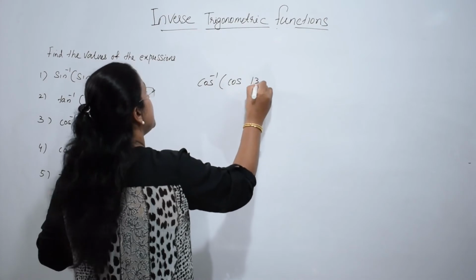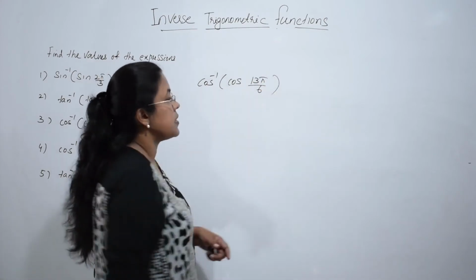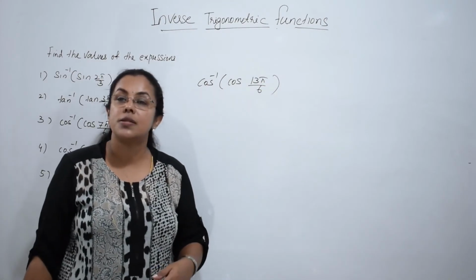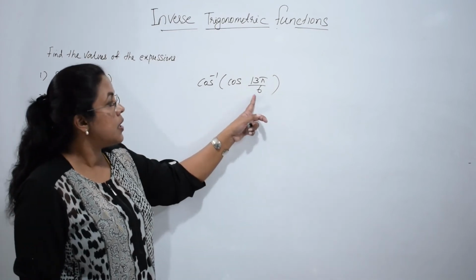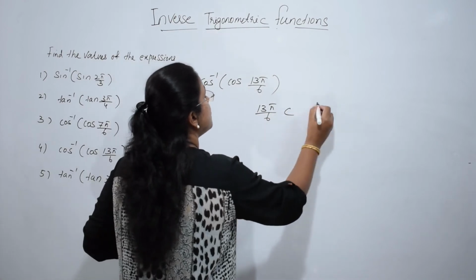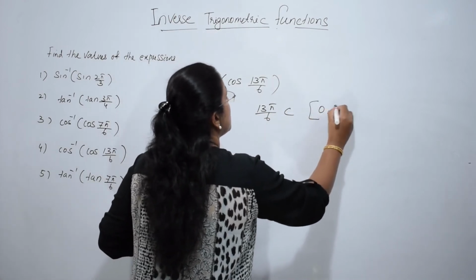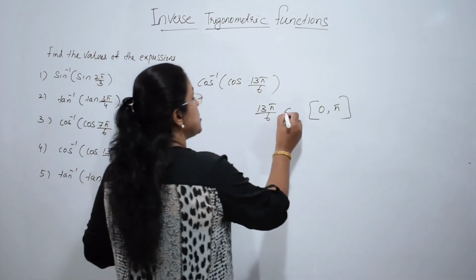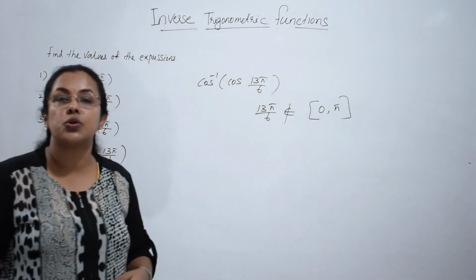Now next is cos inverse cos 13 pi by 6. Again, what about 13 pi by 6? Is it an element of 0 to pi or not? It is not an element of 0 to pi.